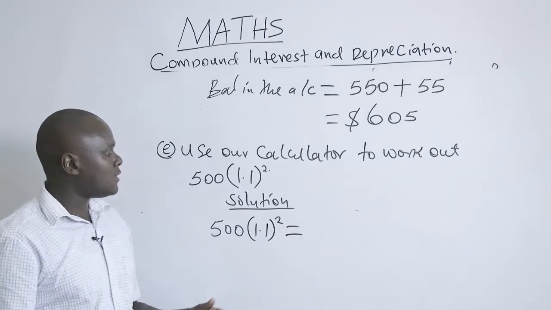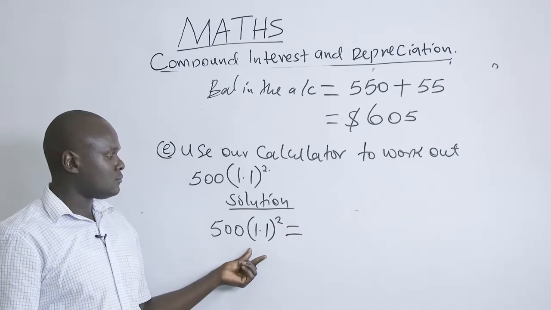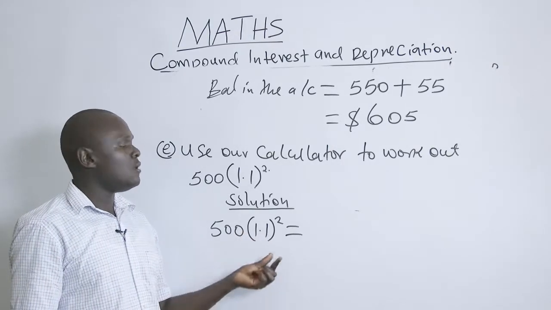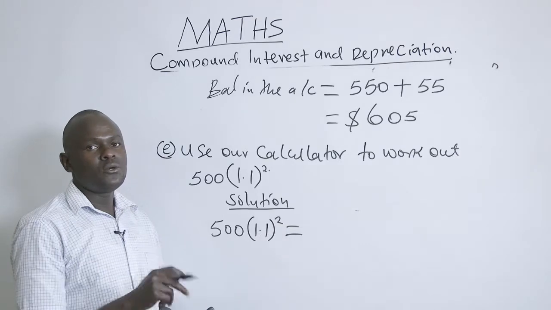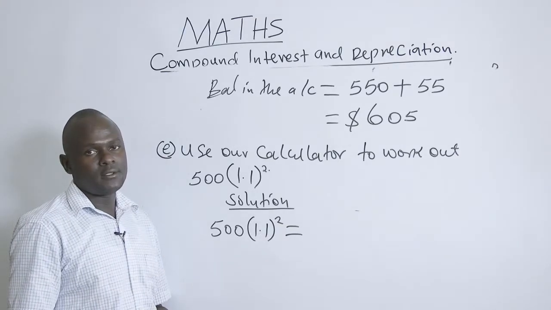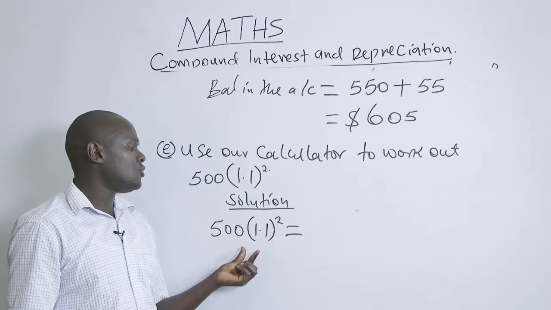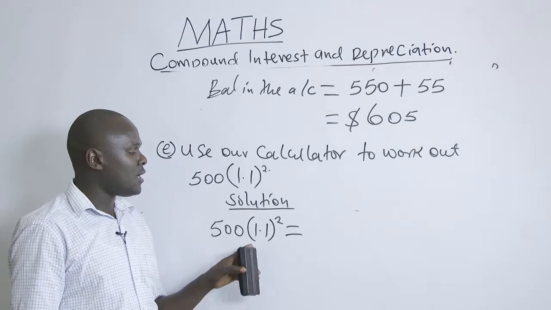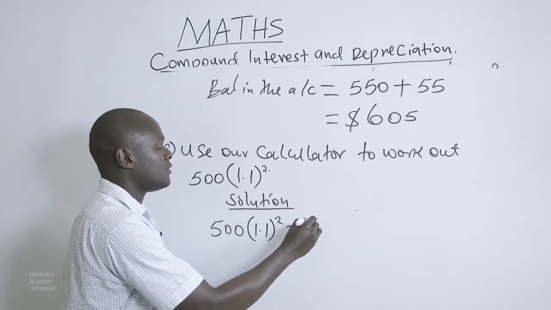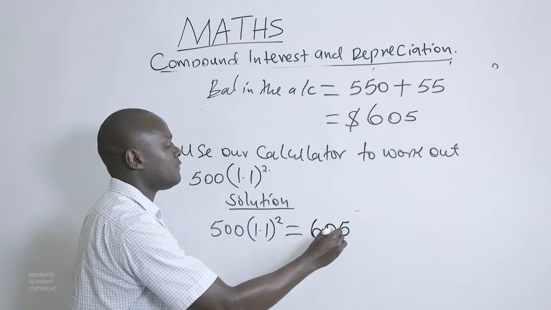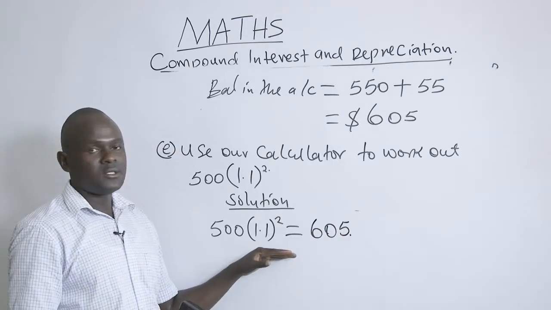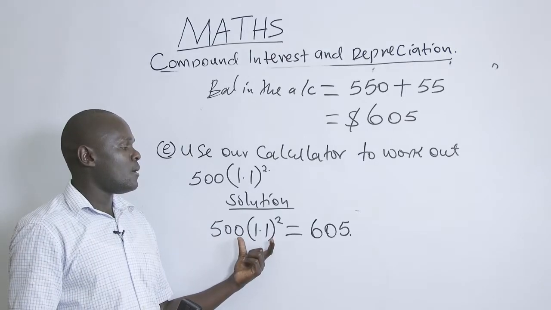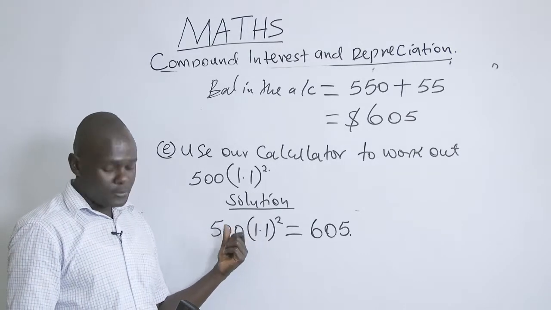You can start by keying in 1.1, then you raise that to power 2, then you press the equal sign. After which, that answer should be multiplied by 500. If you work out this, you will discover that this will give us 605. This is just a hint of what we expect when we will be using the compound interest formula.